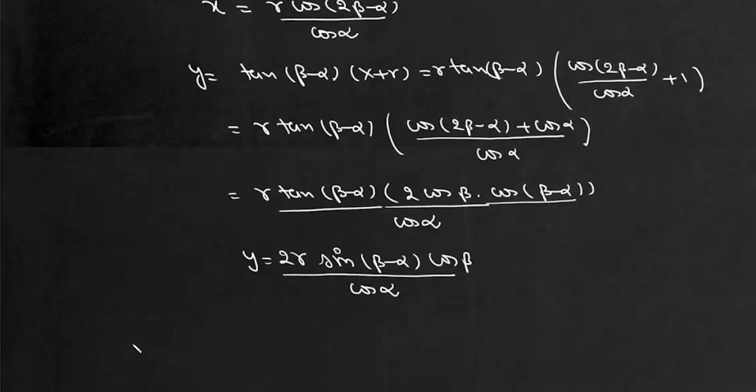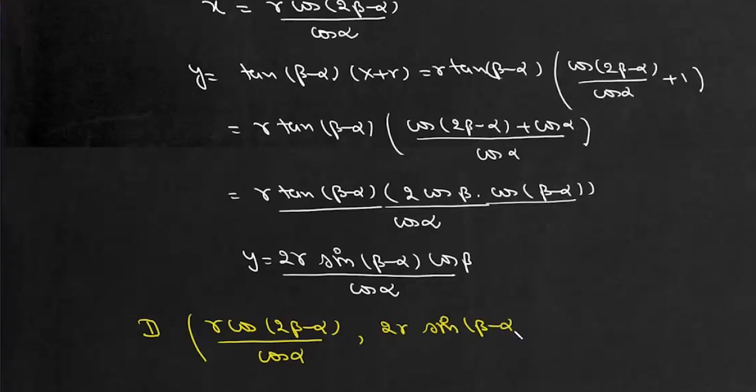So once we have x and y, we can write coordinate of this point D, which will be given by r cos 2 beta minus alpha upon cos alpha, comma 2r sine beta minus alpha cos beta upon cos alpha. Now we already have coordinate of C, and C is r comma 0.